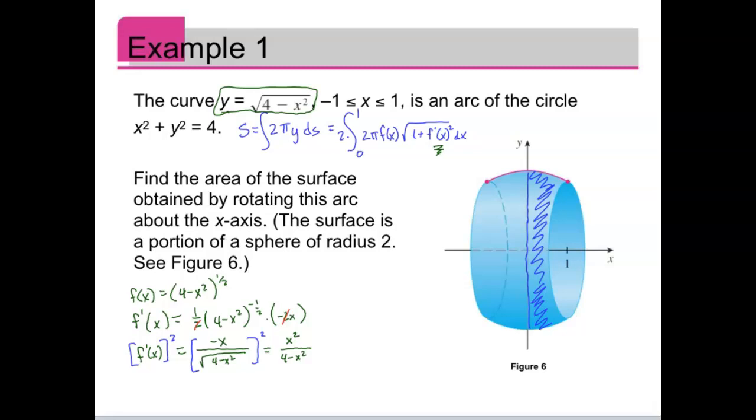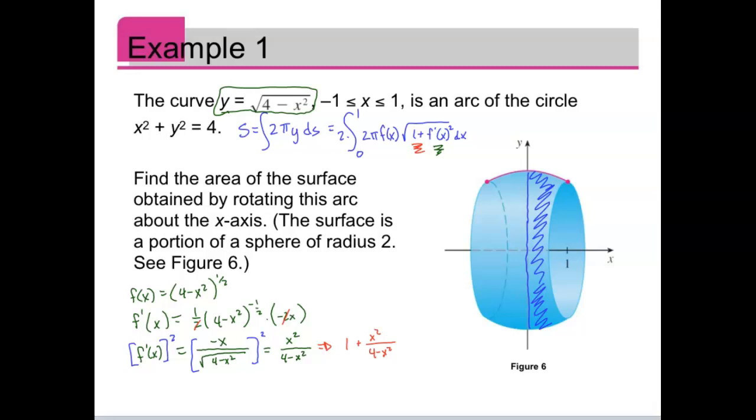All right, well, let's go back up to my formula and look at what's under the square root. I'm also going to need to add 1 to that. So let's just do that right now, because we're going to want to combine everything and simplify as much as possible. So I'm going to have 1 plus x squared over 4 minus x squared.